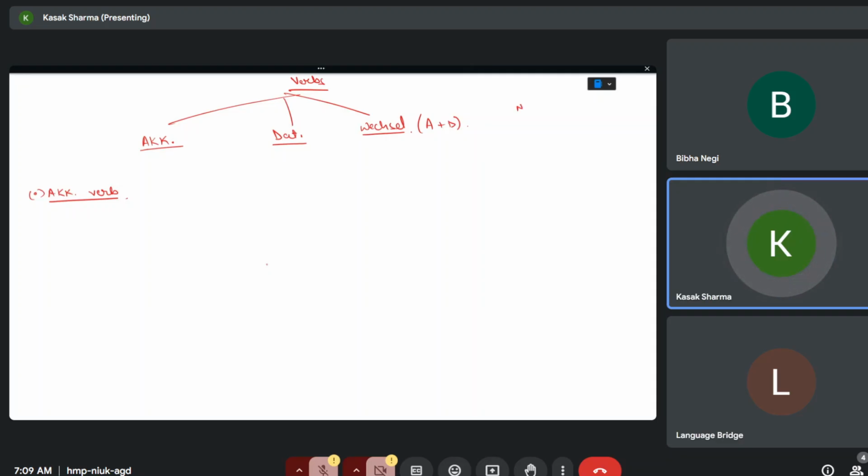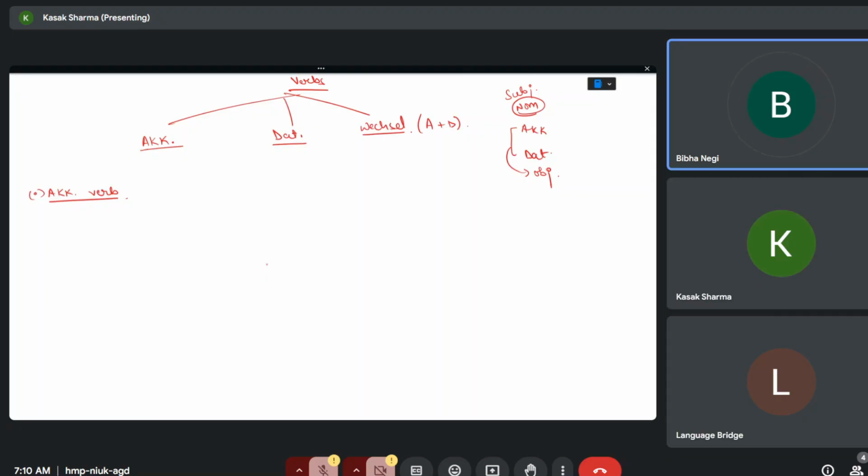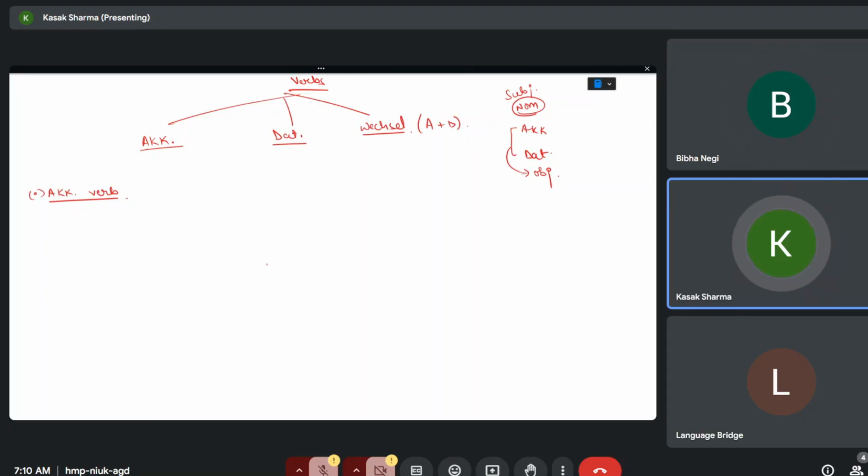When we did nominative, accusative, and dative, I told you that nominative is for the subject, right? And accusative and dative are both for the object, correct? In one sentence, if an object is there, that object will be in either the accusative or the dative case. Now, who will decide this?